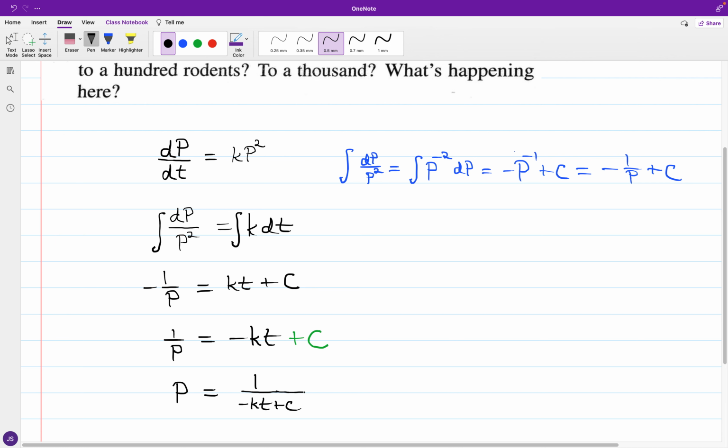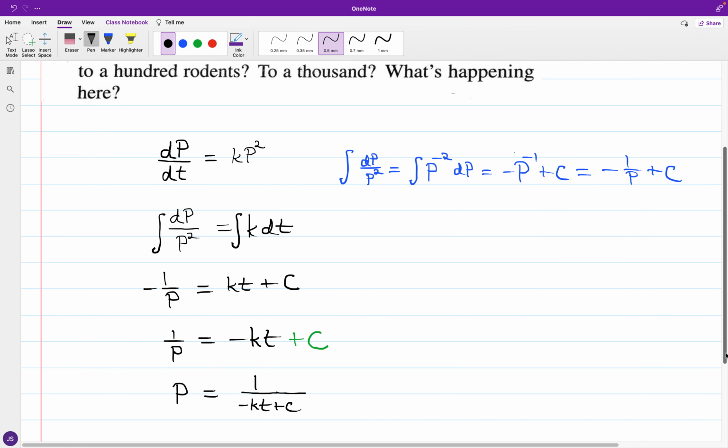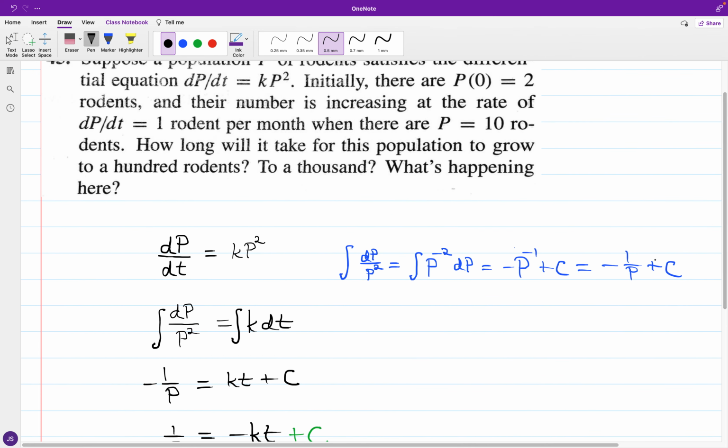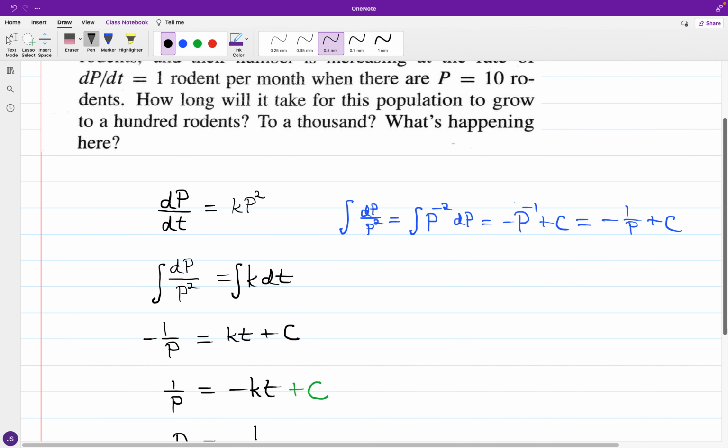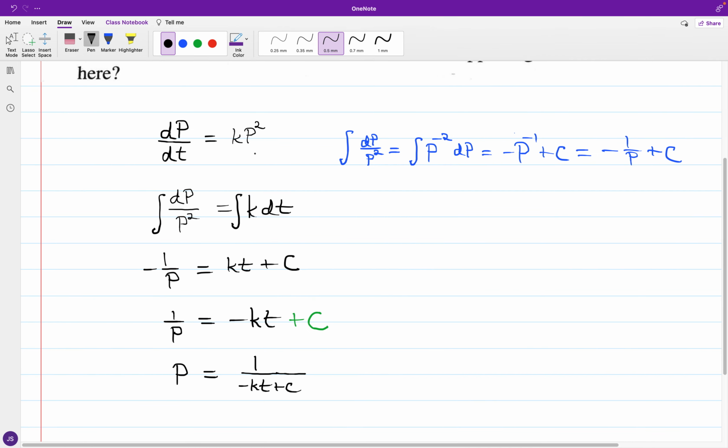And we have the other situation thrown in, with the added detail, again, that dp/dt is equal to 1 whenever the rodent population reaches 10. So simultaneously we'll have dp/dt is equal to kp squared, and dp/dt, again, is equal to 1 whenever we have 10 rodents.